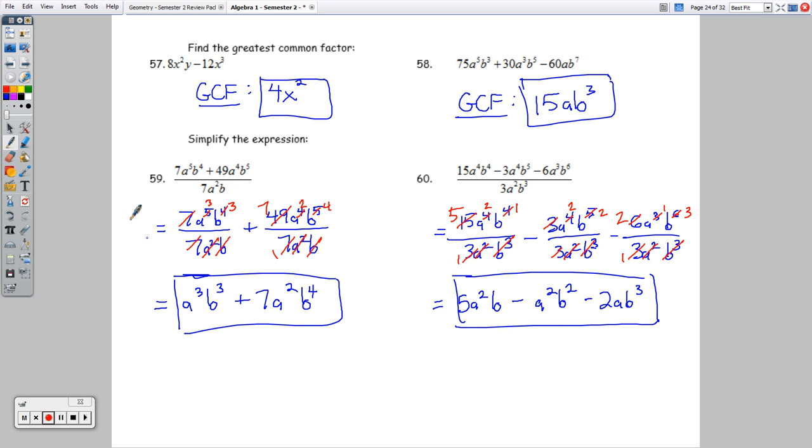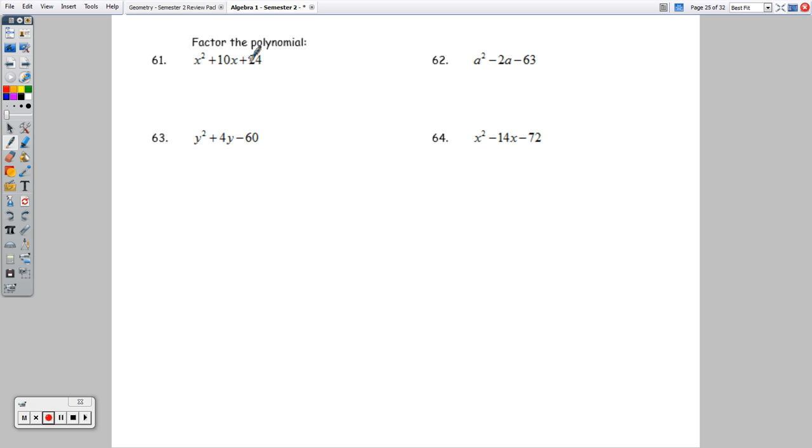Moving on to 61, factoring the polynomial. If it helps you to write out the factors, do that. So the factors of 24 would be 1 and 24, 2 and 12, 3 and 8, 4 and 6. And we're looking for one of those combinations that adds to 10. Everything is positive here, and that's going to be your combination.